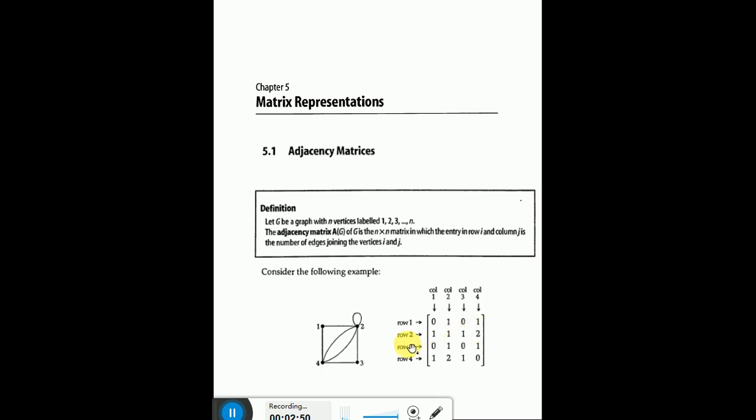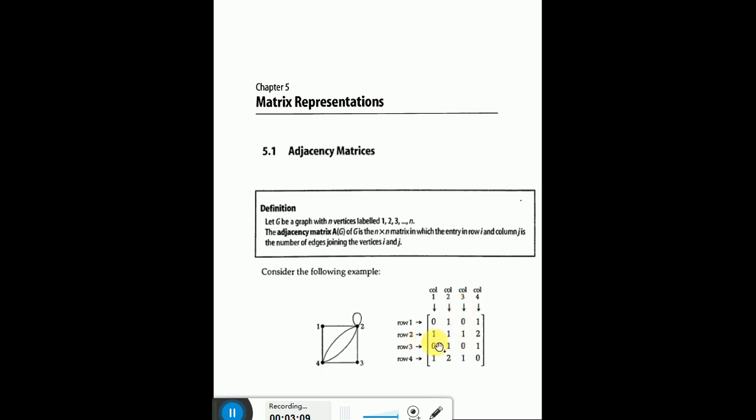Similarly, row 2 represents vertex 2 and how it is joined with other vertices. Now 2 is joined with 1, and 2 is joined with 3.